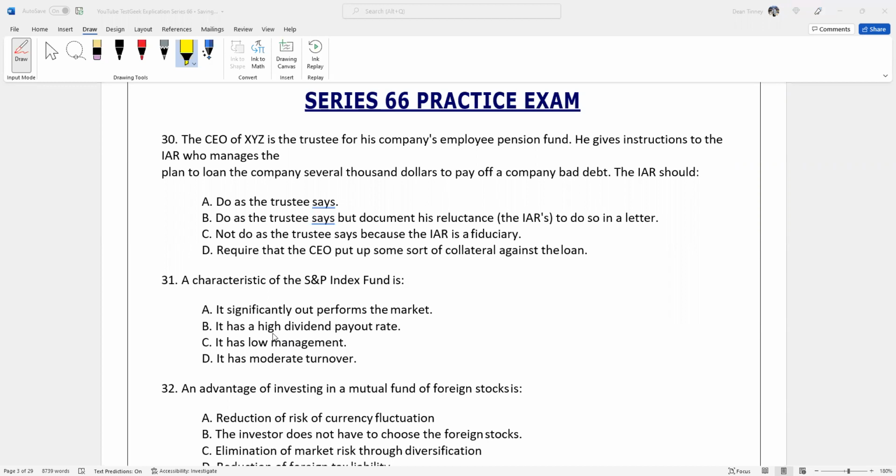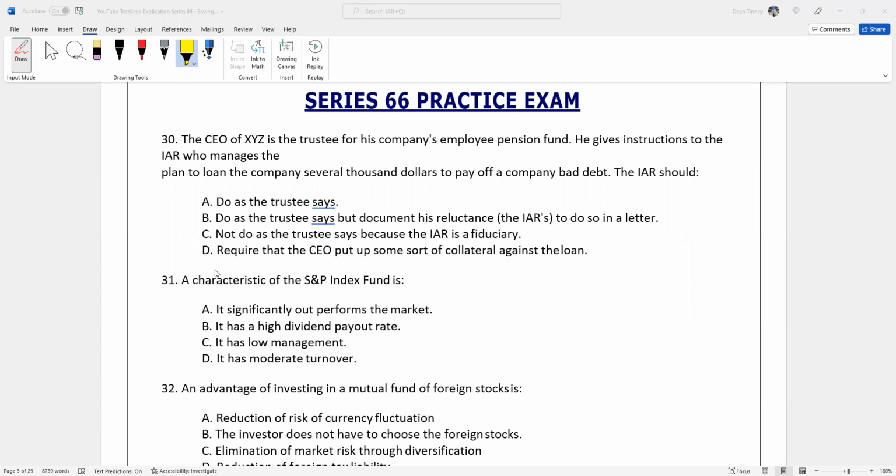The CEO of XYZ is the trustee for his company's employee pension plan. He gives instructions to the investment advisor representative who manages the plan to loan the company several $1,000s to pay off the company's bad debt. You, as an investment advisor representative, should do what?